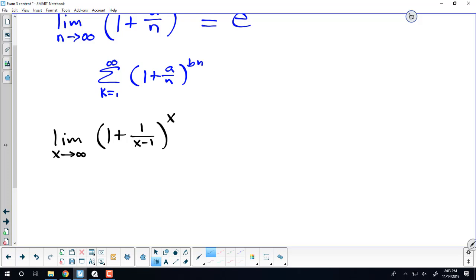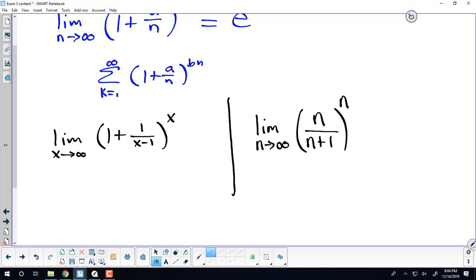I think I had a different representation, like n over n plus 1 to the n. I just got stuck there.